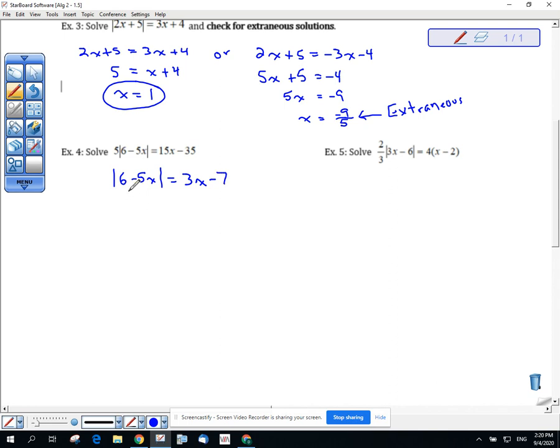And then considering two cases, either 6 minus 5x equals 3x minus 7, or 6 minus 5x equals the opposite of 3x minus 7, which would be negative 3x plus 7.